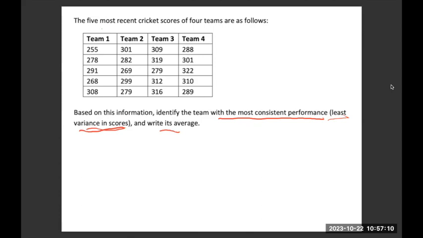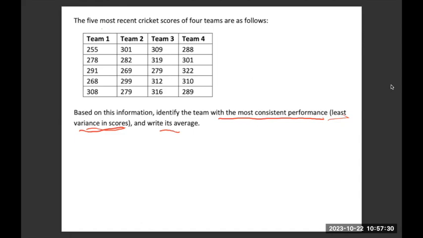Wherever you find the lesser difference between the highest and the lowest score is where the variance is also less. Once you find the team with the least difference, just find the average of that team, and that's your answer.